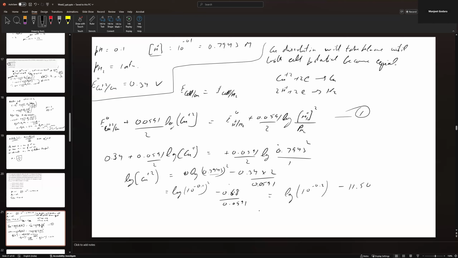So minus 0.2 minus 11.50 gives minus 11.70.